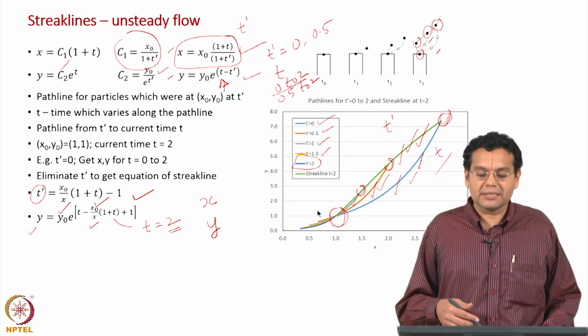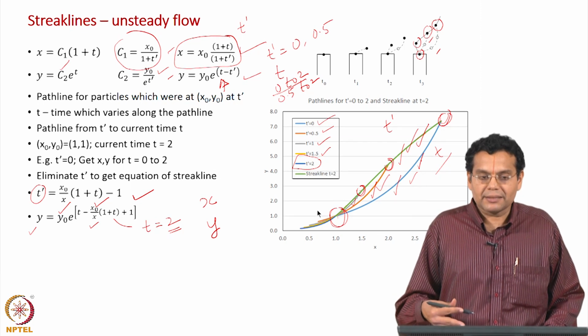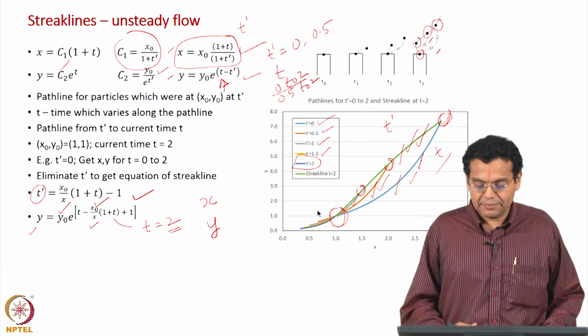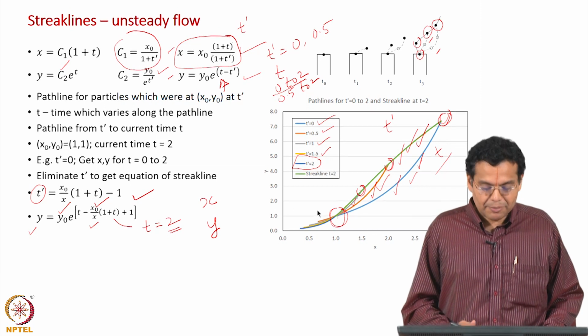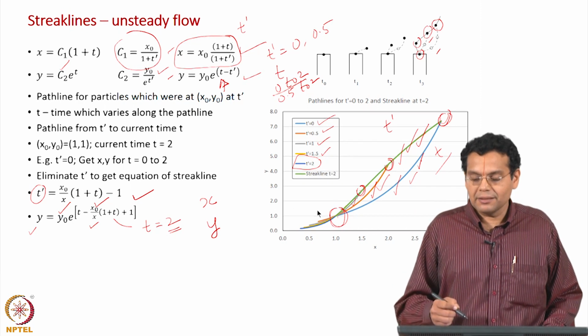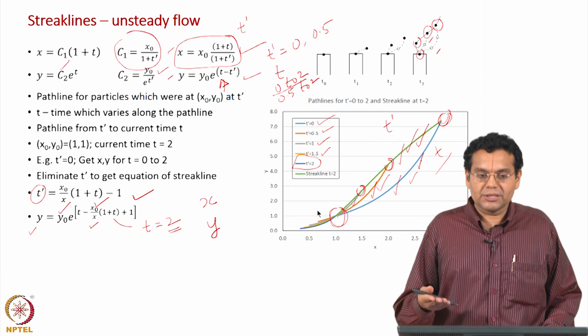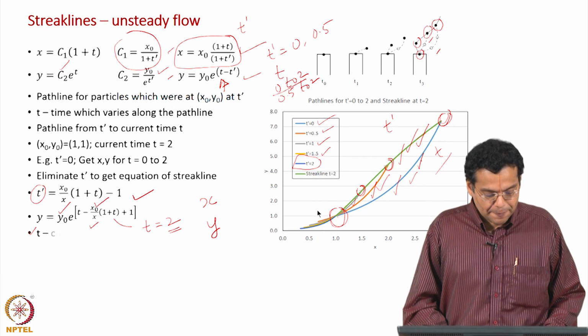If it is steady state, then this streak line becomes the same as the path line and the streamline, otherwise it is not the same. But we should keep in mind that what we measure is actually a streak line, because we continuously keep injecting particles and we take a photograph, which shows their position some time after the time of injection.